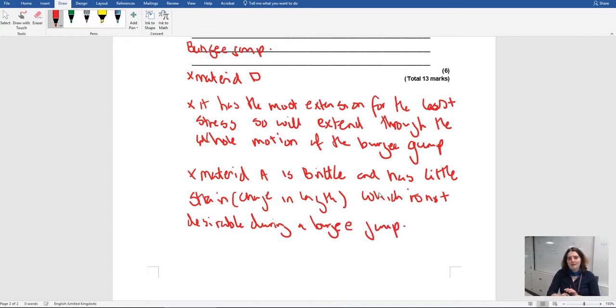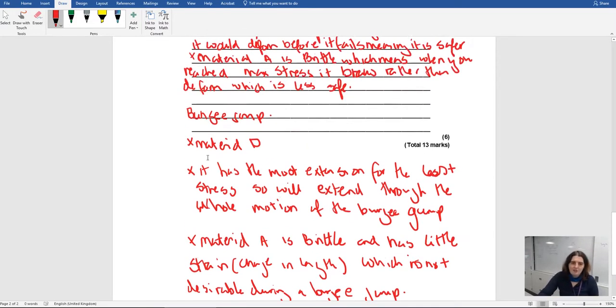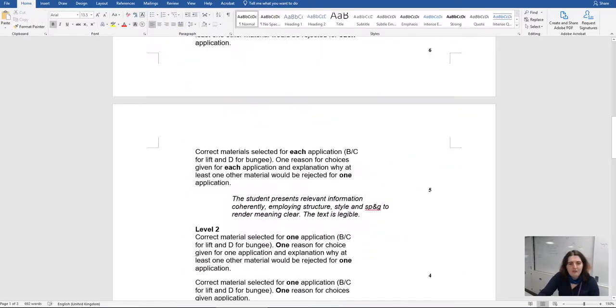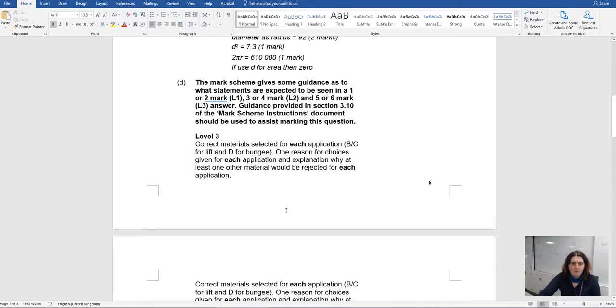Okay. So what I've done here again, I've mentioned the material I want, I've said why it's good, and I've said why it's bad. So actually go to the mark scheme here and look at the top level.